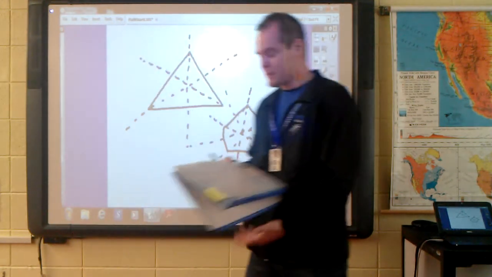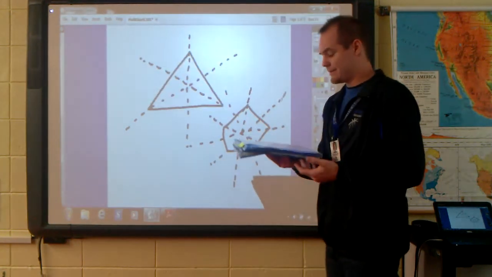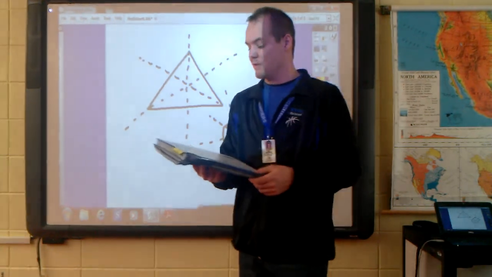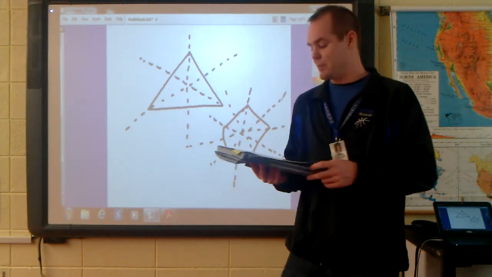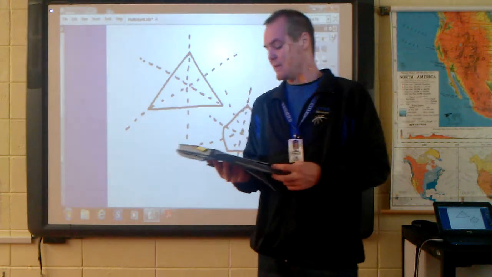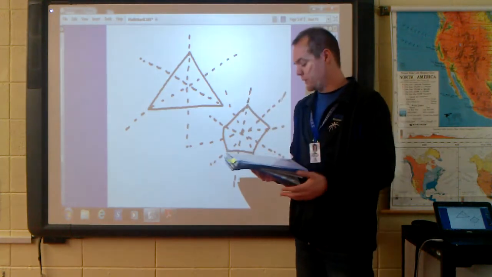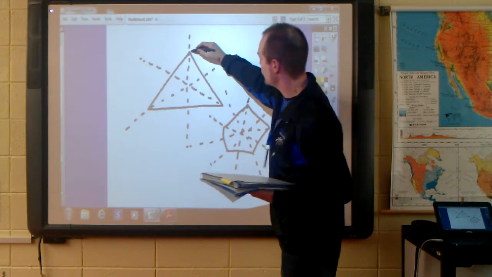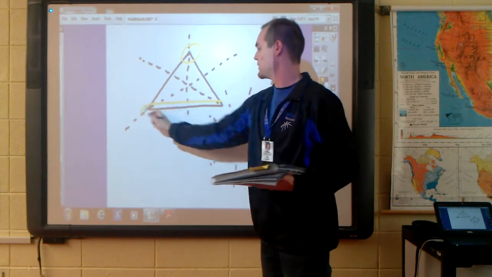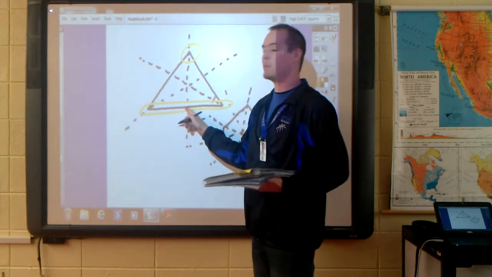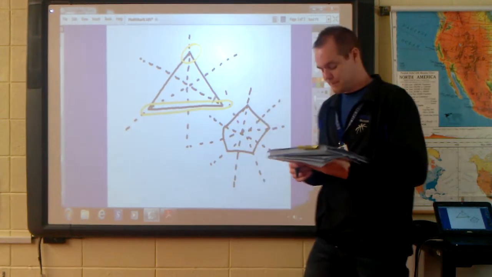And here at the bottom, it says a line of symmetry divides a figure into mirror images. In each of these figures, a line of symmetry passes through a vertex and splits the opposite side into 2 segments of equal length. So it goes through the vertex here, and it splits the opposite side here into 2 equal parts, exactly in half.